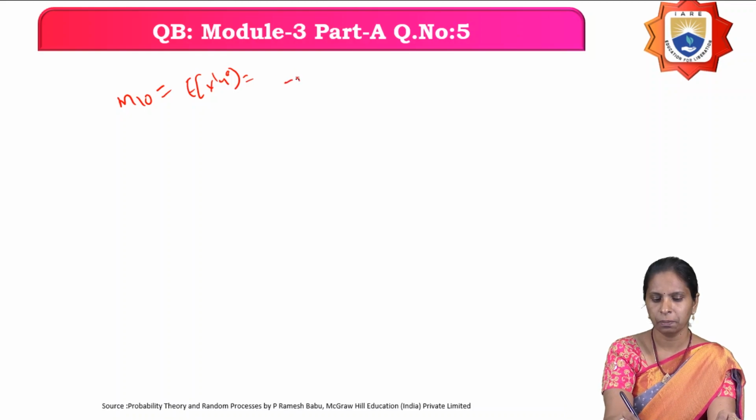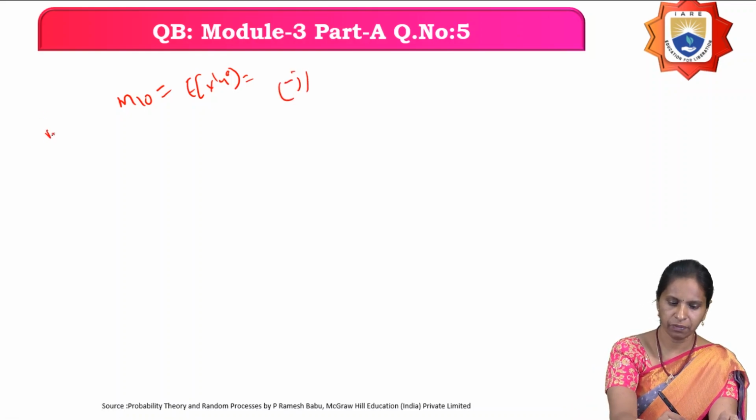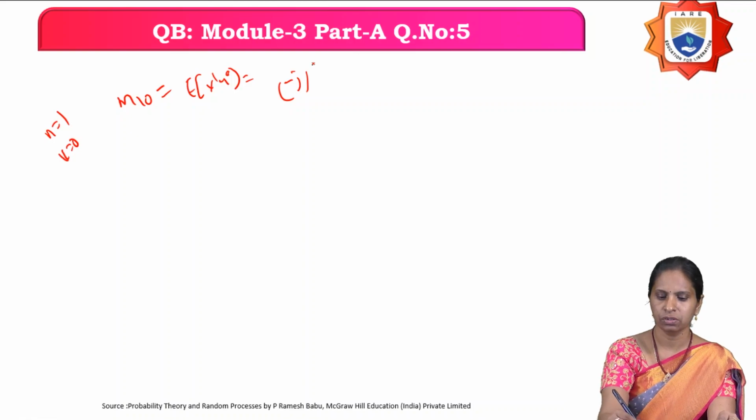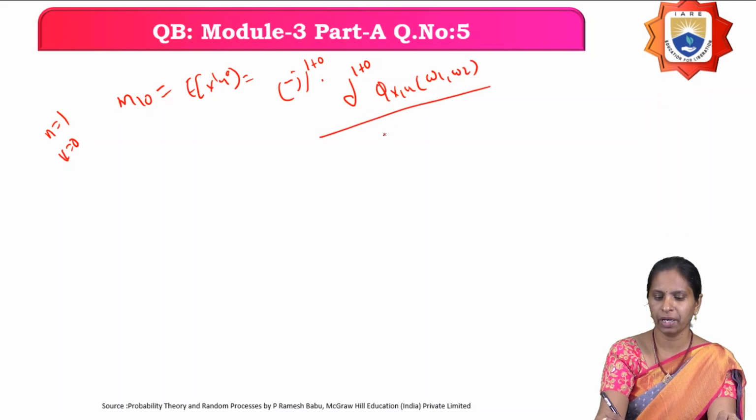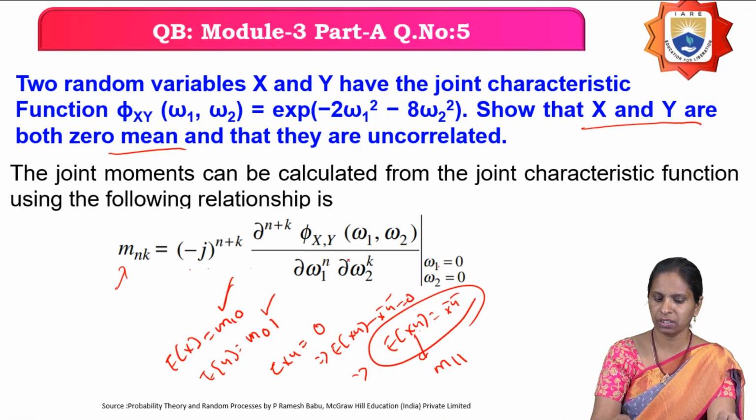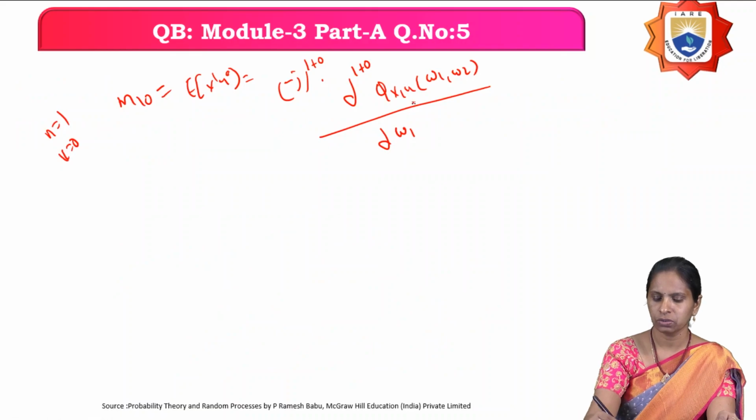Here n value is 1 and k value is 0, so minus j power n plus k, that is 1 plus 0, into dou power n plus k phi xy of omega 1 comma omega 2 by dou omega 1 power n into dou omega 2 power 0, when omega 1 equals 0 and omega 2 equals 0.